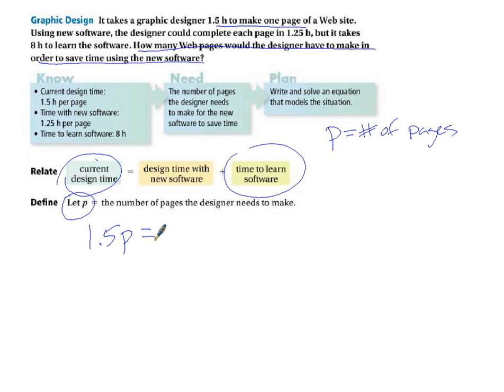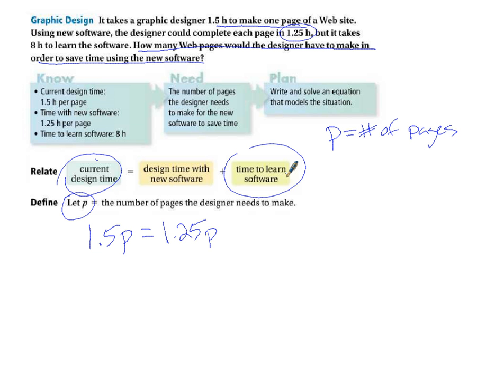Equals. Now 1.25, because the new software takes less time, the 1.25 hours, 1.25 P. The H up here stands for hours. A little confusing. But we also have that time that it's going to take you to learn the new software, right?